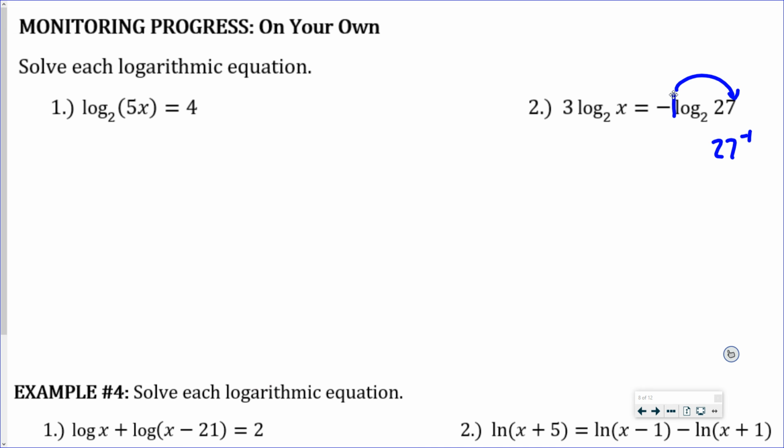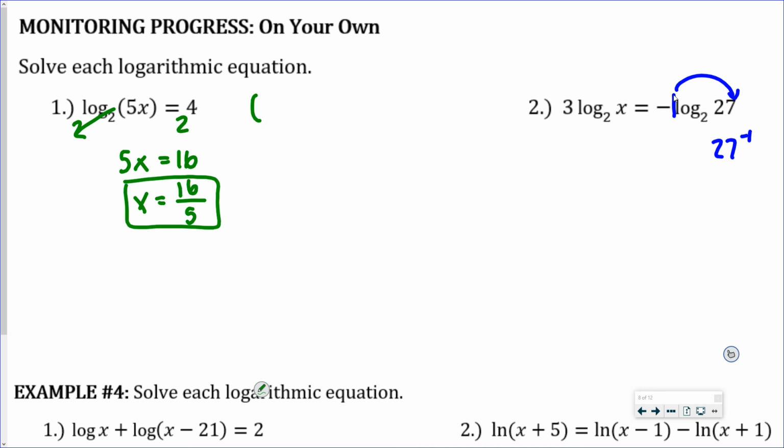It's not -27. It's 1/27. Wait, it's a power. It's not 27 times -1. Yes.